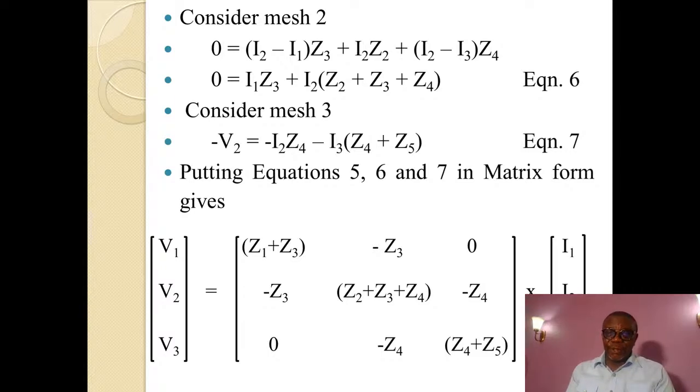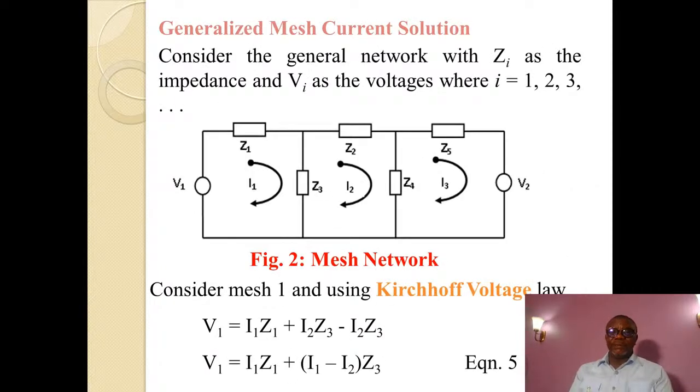Please look at that again to confirm. The mesh 2 is the one in the middle. If you look at it, I2 is passing through Z2, is passing through Z4, is passing through Z3. But if you look at Z3, I1 is opposing it.